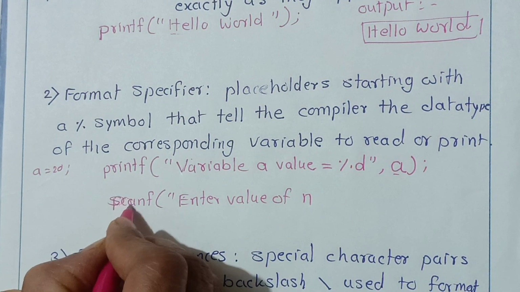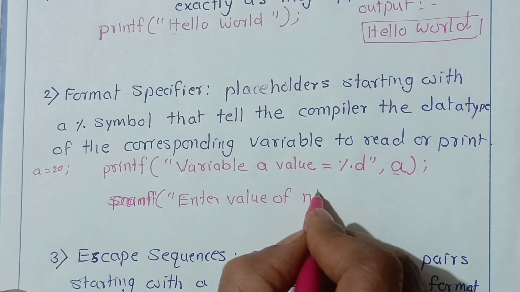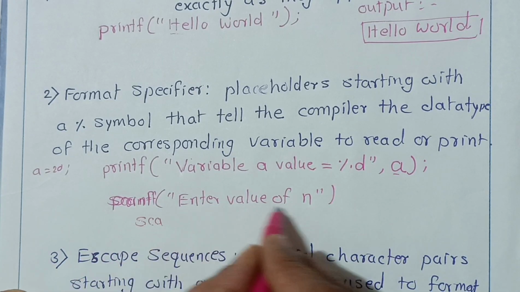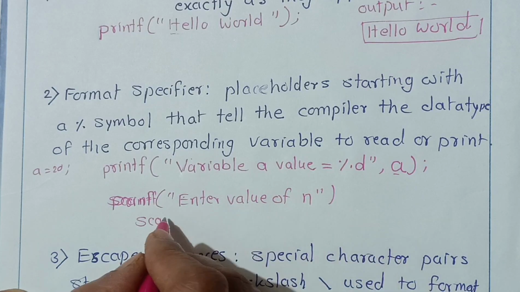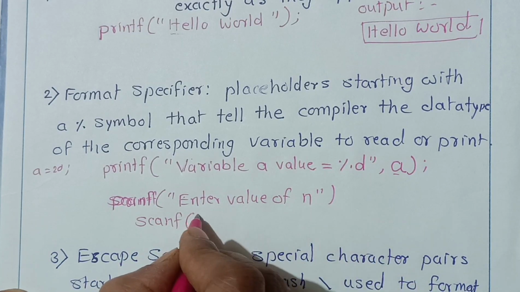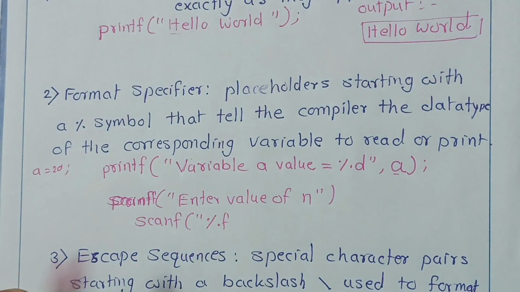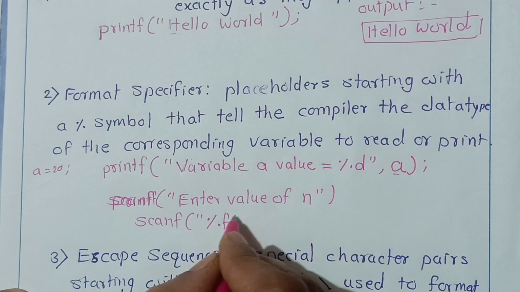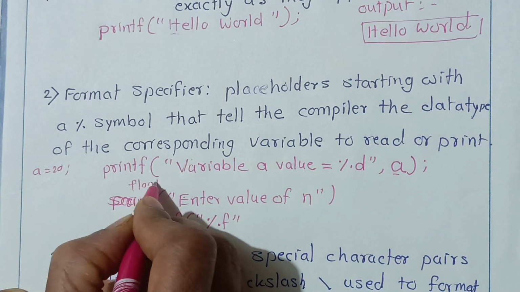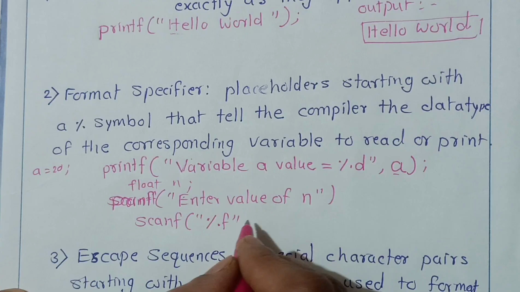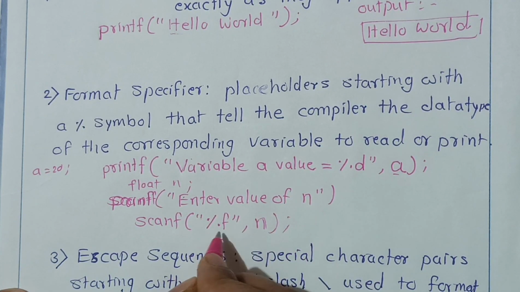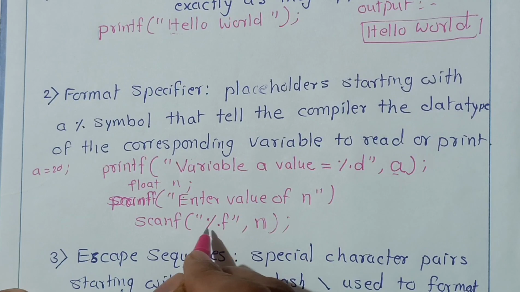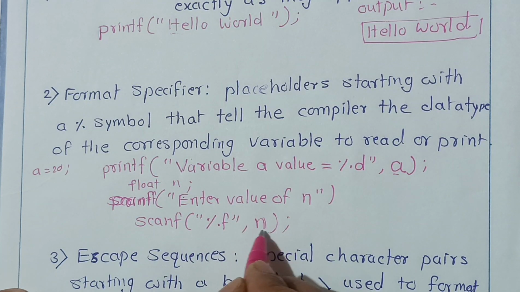Here I write the printf statement first to give a message to the user: enter value of n. It is plain text. Then scanf with percentage f, because it is a floating point variable, and we store the floating point value into the n variable, fetched from the keyboard or user.